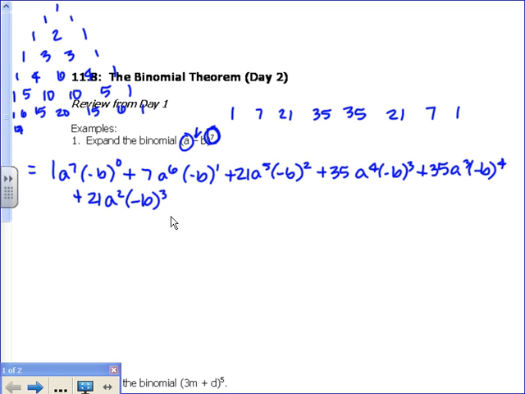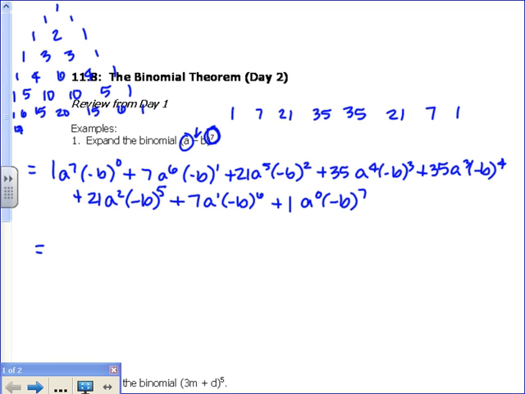Oops, see? I do that sometimes where all of a sudden I'll start counting down when I'm supposed to be counting up on that b. There we go, 5. Plus 7, a to the 1st, negative b to the 6th, one more coefficient left, a to the 0, negative b to the 7th.